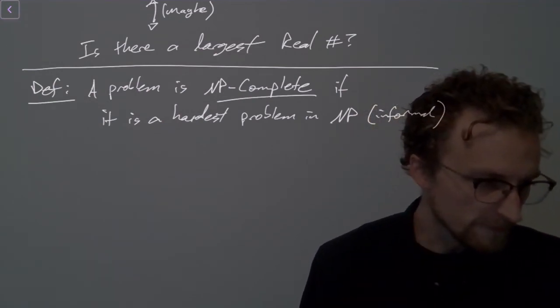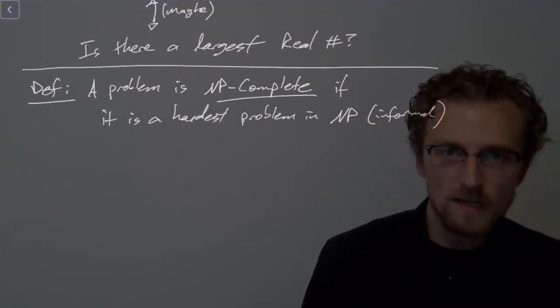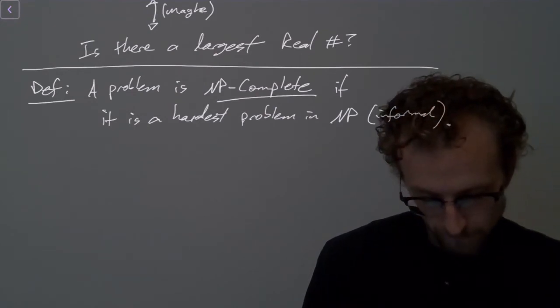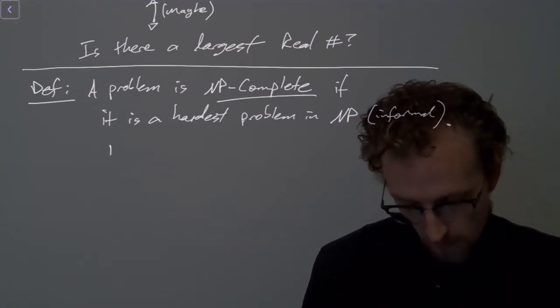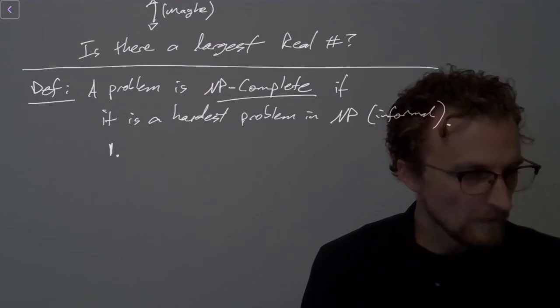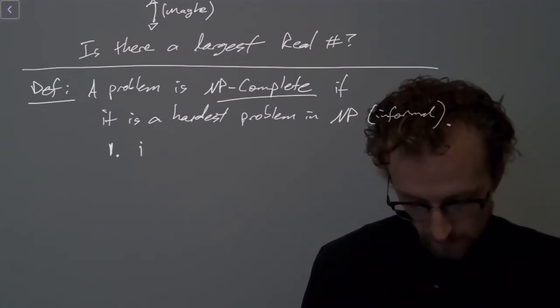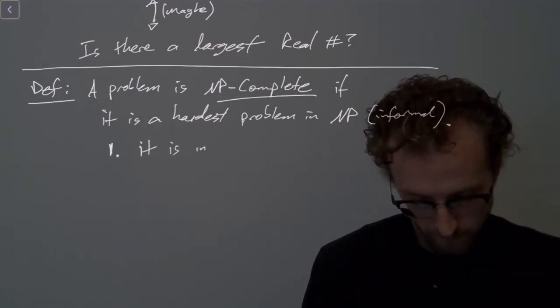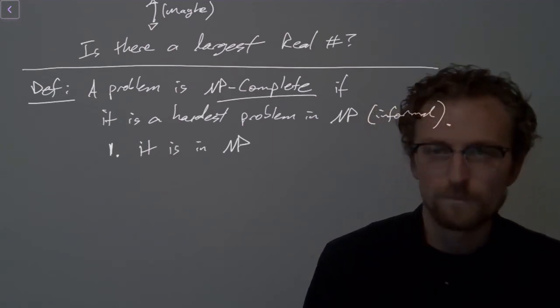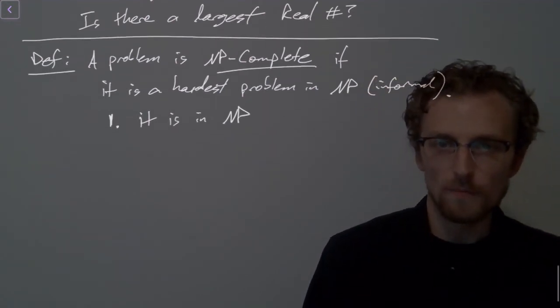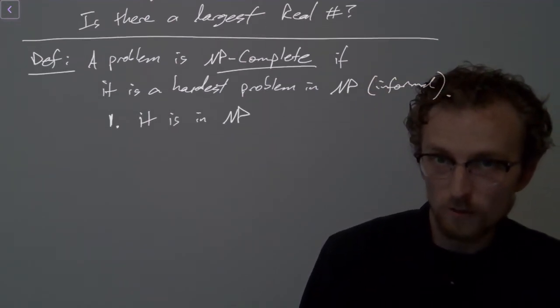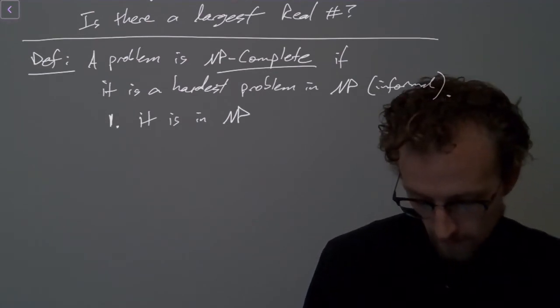More formally, we say a problem is NP complete if and only if, 1, it is in NP. So it is an actual member of the class NP, which means that its solutions can be verified fast.